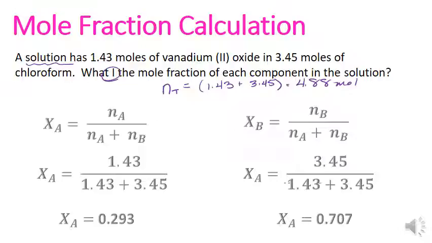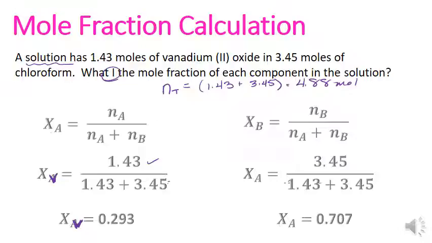So that's what this number is down here. Just ignore all this math stuff. To find the mole fraction of A, I take the part of A. I'm going to change A to V for the vanadium oxide. Mole fraction of the vanadium oxide?